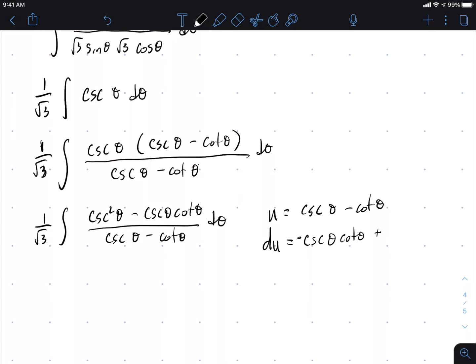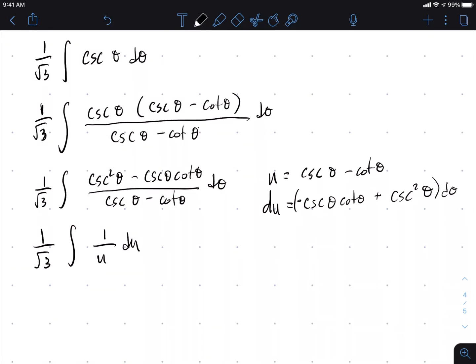And then this becomes a negative cosecant squared theta, which, a negative and a negative become a plus. And don't you see that that is the numerator? Right? And so I'm going to get 1 over root 3 times the integral of 1 over u du.